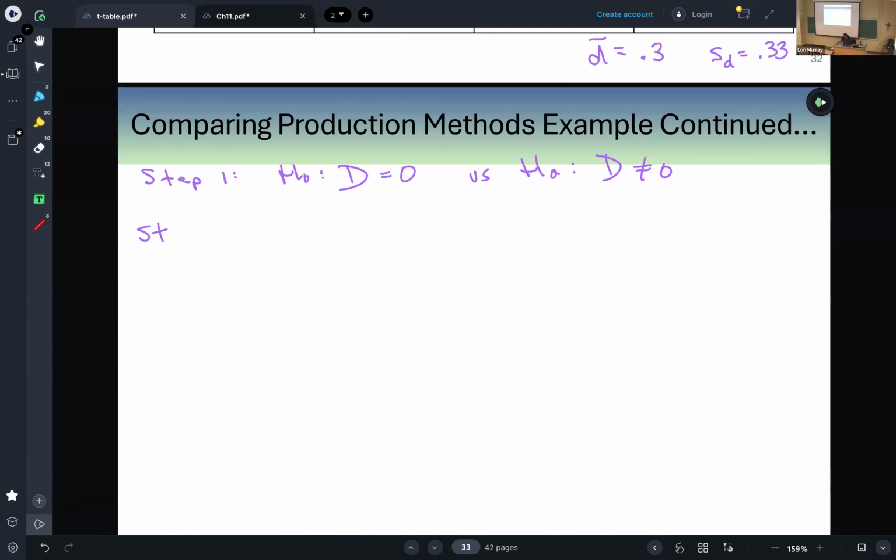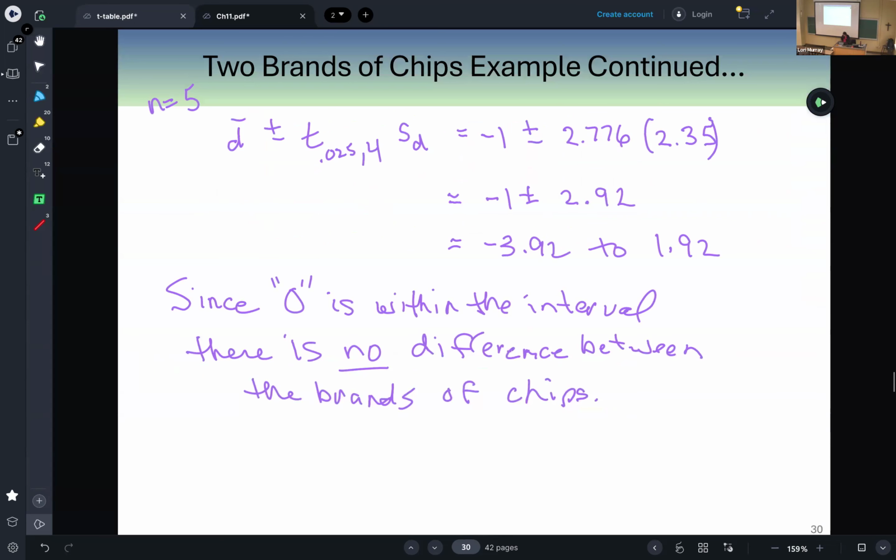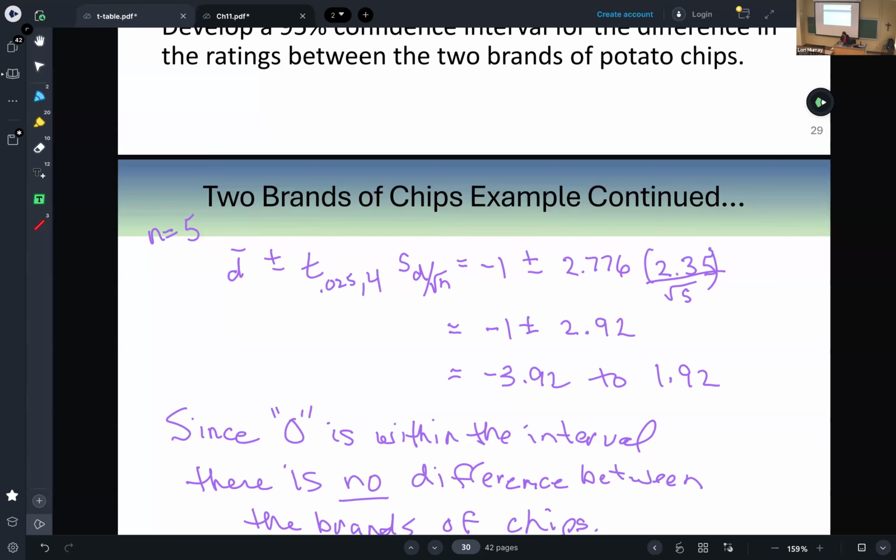Step 2, what's the test statistic? It's going to be a T, with D bar divided by S subscript D divided by the square root of N. When we did this, did we divide by the square root? I'm just going to make a correction here. This needed to be divided by the square root of N. The numbers are correct, but I didn't put in the actual square root.